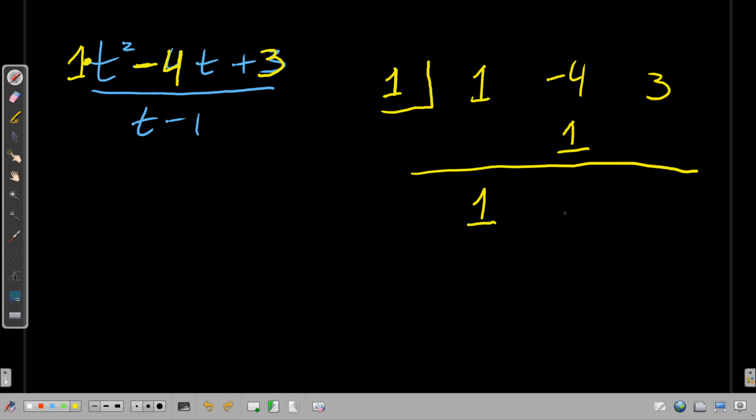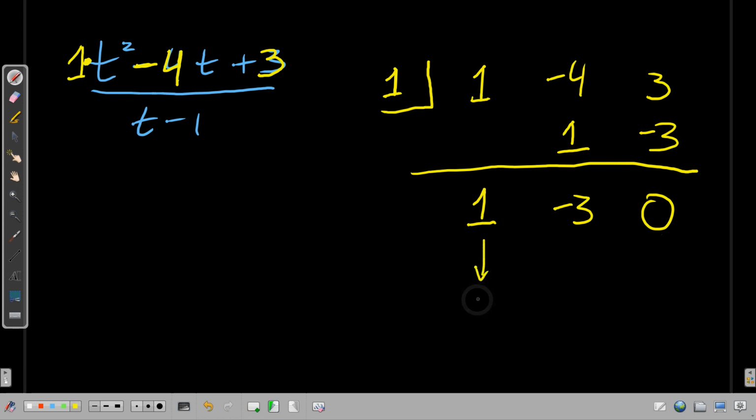Minus 4 plus 1, that's minus 3. And then you repeat. 1 times minus 3, that's minus 3. 3 plus minus 3, that's 0. Getting a 0 right here means you have a remainder of 0. And then these are your coefficients of the resultant division.